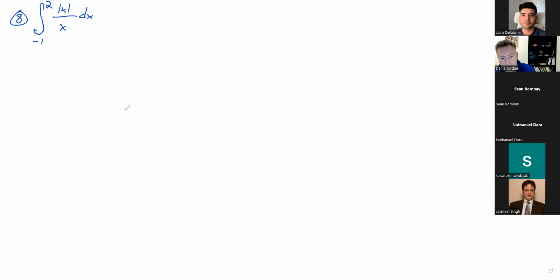Okay, so the absolute value of x over x. You can't really integrate it that well. We never went over a formula for it. If you actually integrated it and told me what the result was, you're using something to tell you what that integral was, and that's something you shouldn't be looking at.